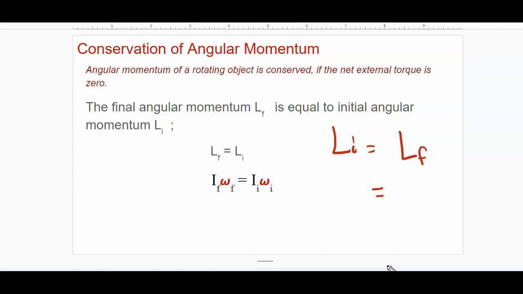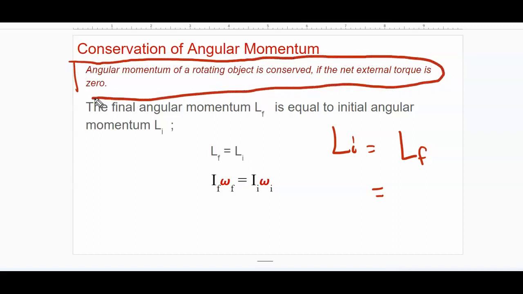Now you might be asking yourself the question, hopefully, in what situation is the angular momentum conserved? Up here on the top of the screen, it tells you the exact condition under which angular momentum is conserved. Angular momentum of an object is conserved if the net external torque is 0.